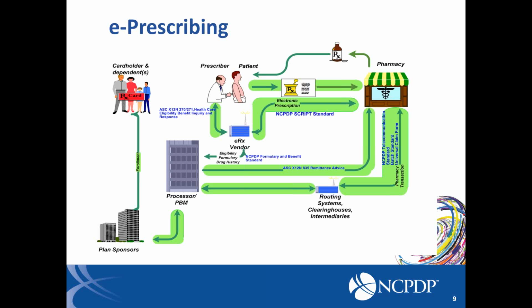Then, once that is determined, following the process here, the electronic prescription goes to the pharmacy. The pharmacy then dispenses the medication either back to the patient or to the care facility.